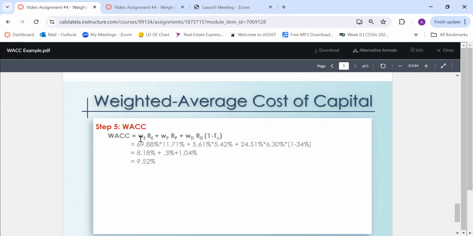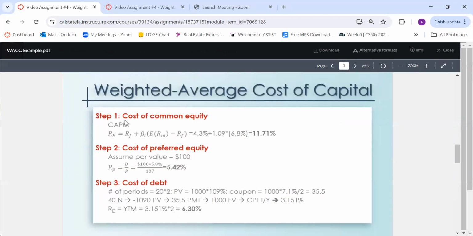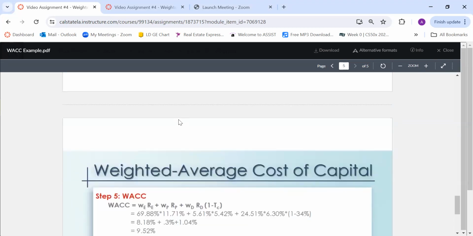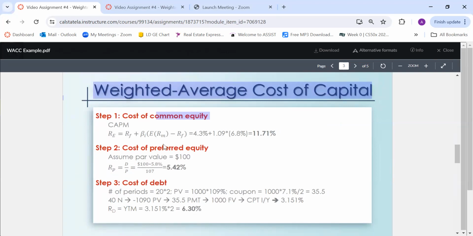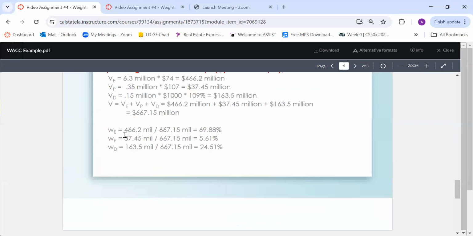So we're going to use the weights that we just calculated, multiply them by the numbers that we calculated in the first three steps: the cost of common equity, cost of preferred equity, and cost of debt, and multiply them by the respective weights.